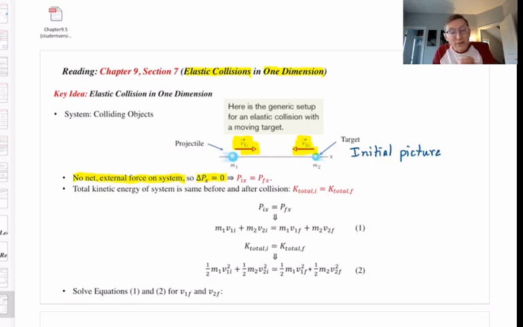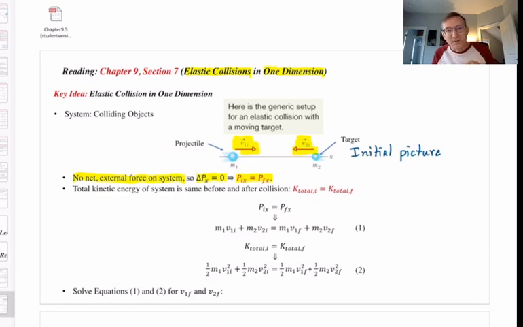And if the change in p sub x must equal 0, another way to say that is px initial must equal px final. We're going to use that fact to analyze this one-dimensional collision. So that's one constraint that has to be satisfied.